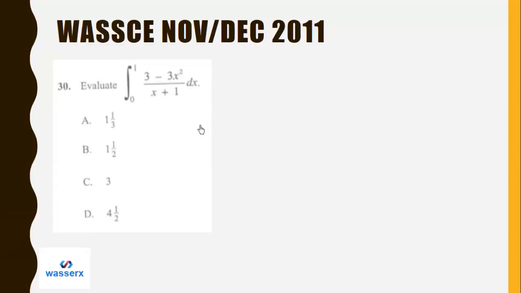Now let's take some examples from past questions. So you have the integral from 0 to 1 of (3 minus 3x squared) over (x plus 1) dx. Now the trick is to simplify whatever is within the integral sign and the dx. That is what we call the integrand. So we factor 3 out to get 3 times (1 minus x squared) over (x plus 1) dx.